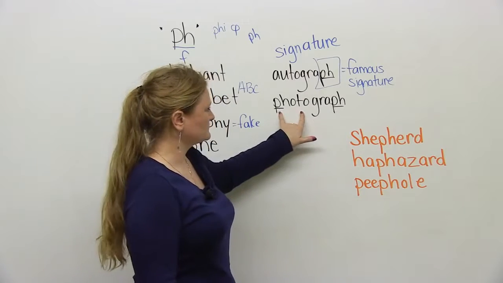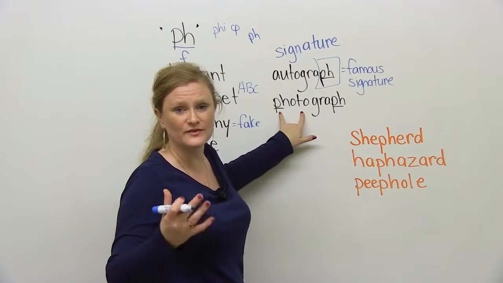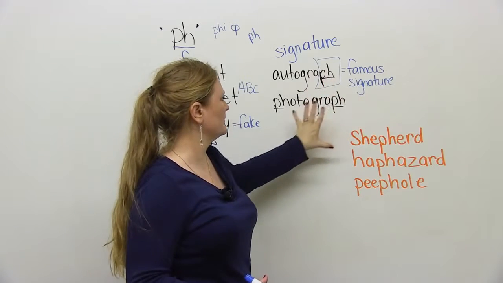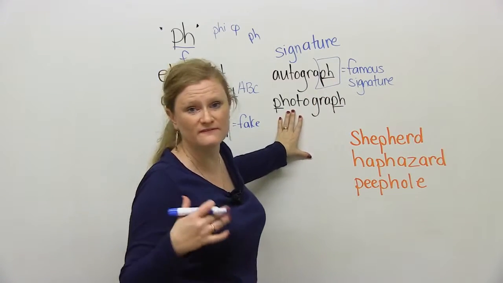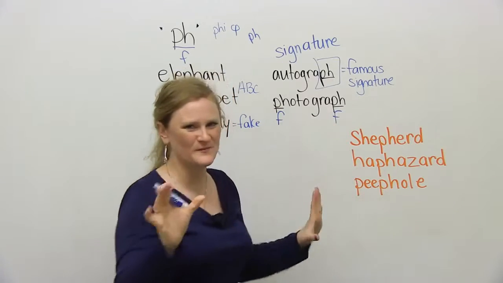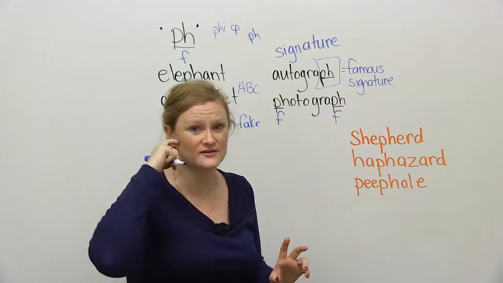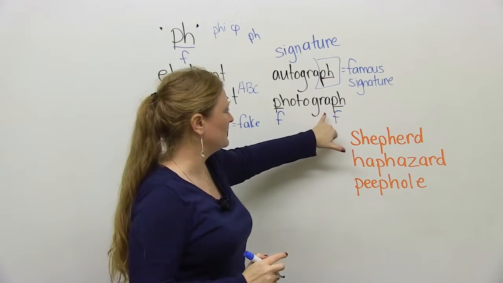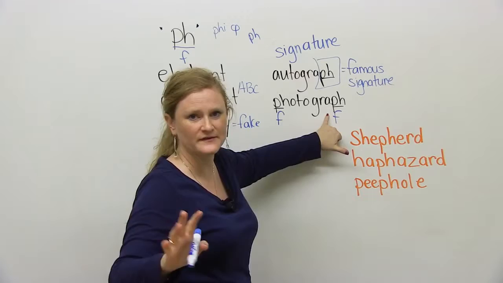The next one, we don't use this word a lot now. We usually use the short form. So we would normally say photo, but this word was so amazing because we have two PHs in it. The first one and the last one. So this is photograph. Photograph.